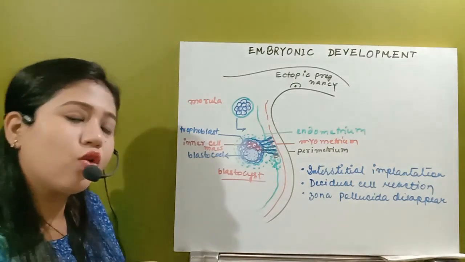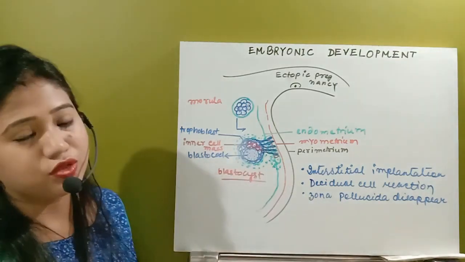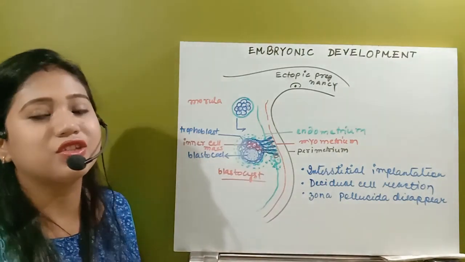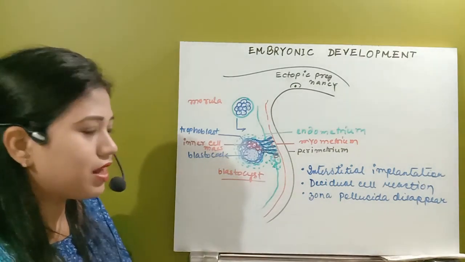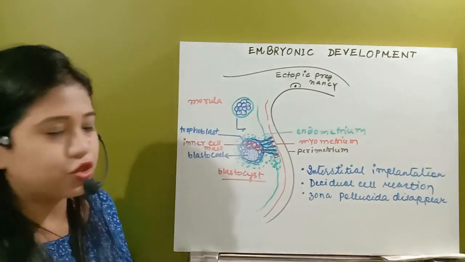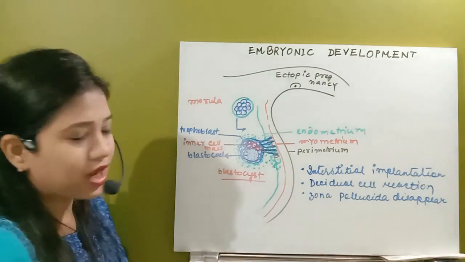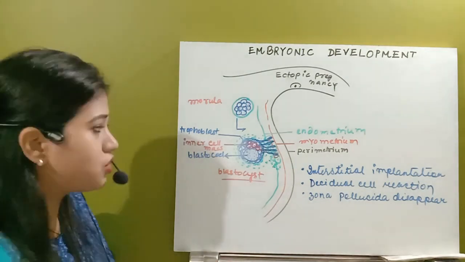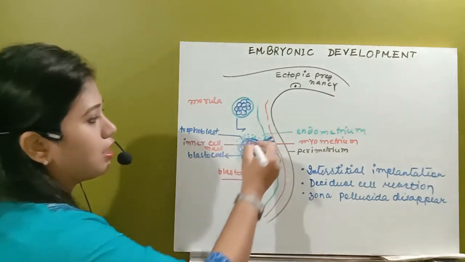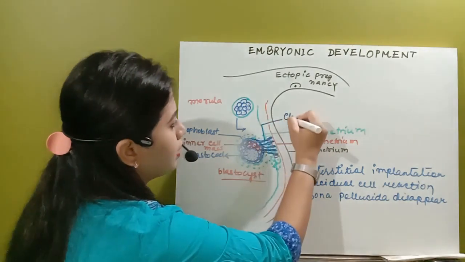They invaginate inside the uterine lining until they reach the blood vessel. Whenever it gets a blood vessel, it will stop. Those finger-like projections formed from the trophoblast are known as the chorionic villi.